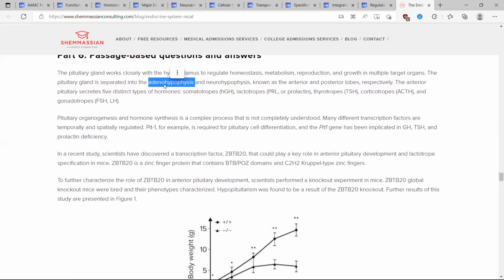So this is another thing you might see: adeno and neuro. This is just anterior and posterior. And remember, it's neurohypophysis because it's the hypothalamic neurons that are producing the oxytocin and the ADH directly, not the posterior hypophysis, not the posterior pituitary itself.